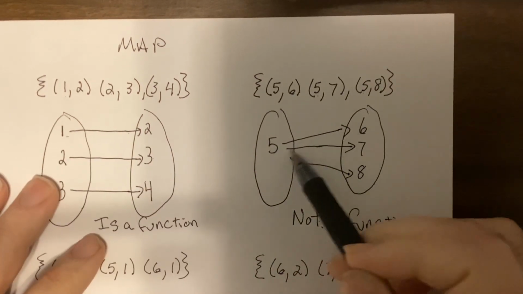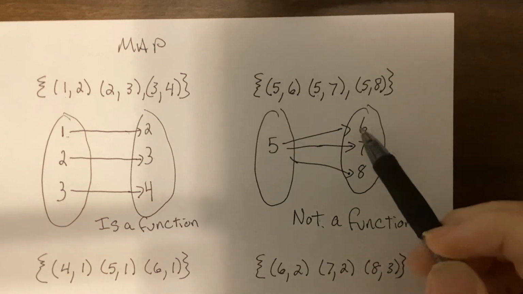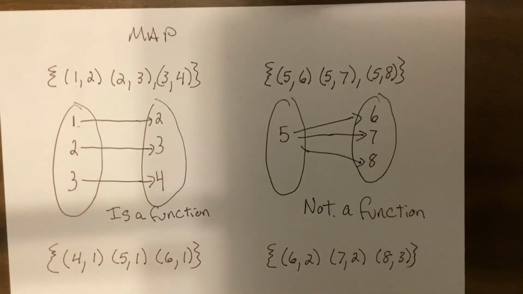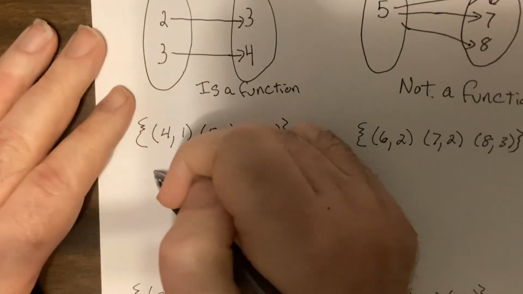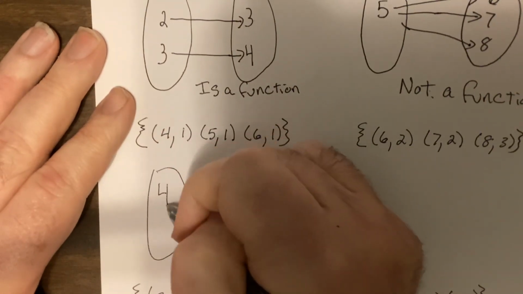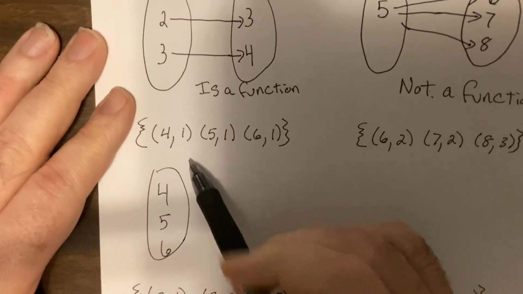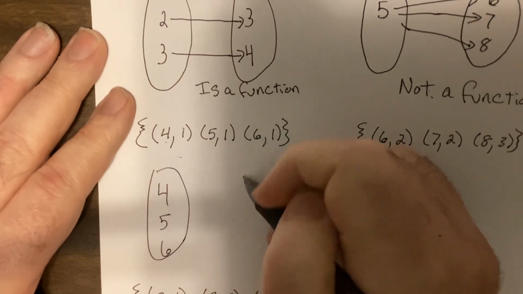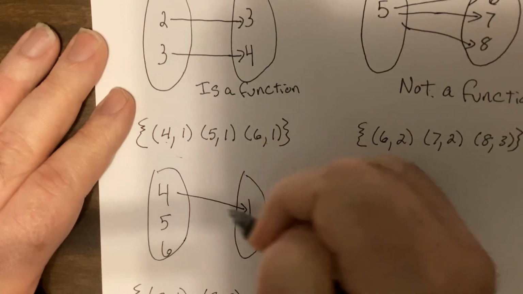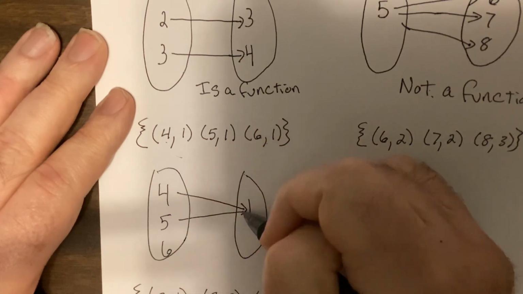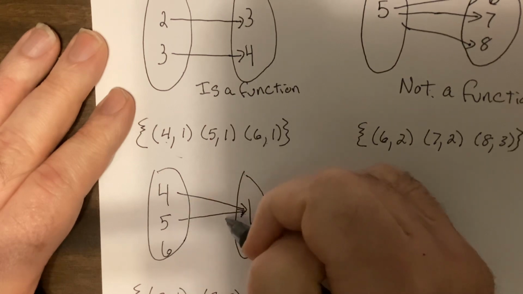This has more than one arrow, or more than one y that goes with the 5. So this one, we go 4, 5, 6, the x numbers, and this one only has one y. But notice there's only one arrow coming from the 5.